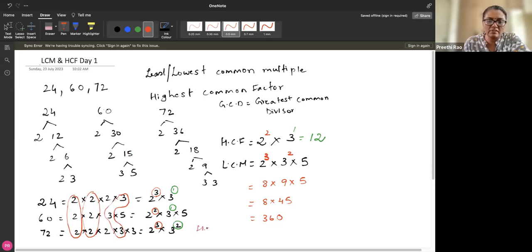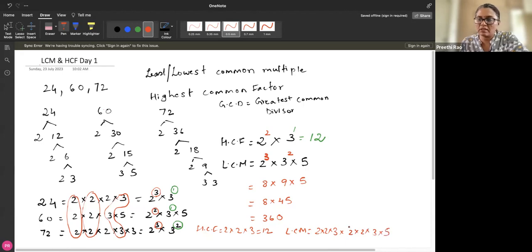So HCF is 2 into 2 into 3, 12. So for LCM, I'll write the common factors once, 2 into 2 into 3, and then I'll also write the rest of the factors. So the rest of the factors are 2 into 3 into 5. Both of them follow the same principle.